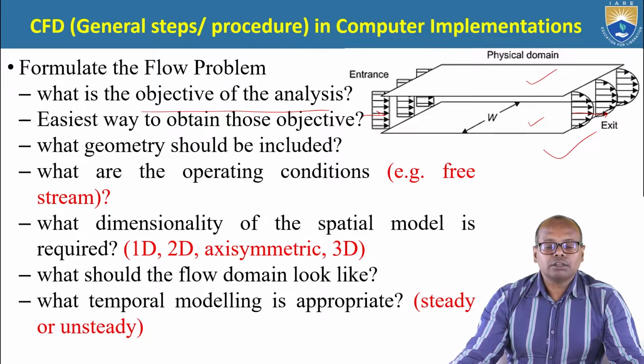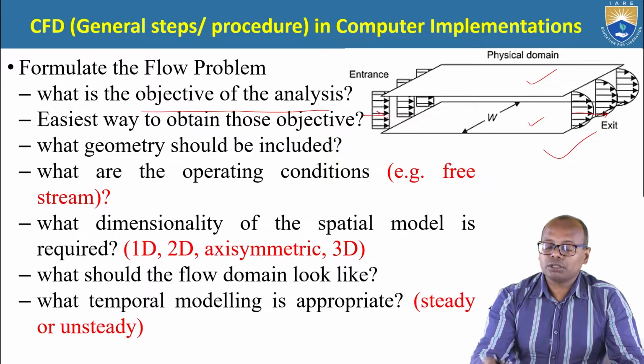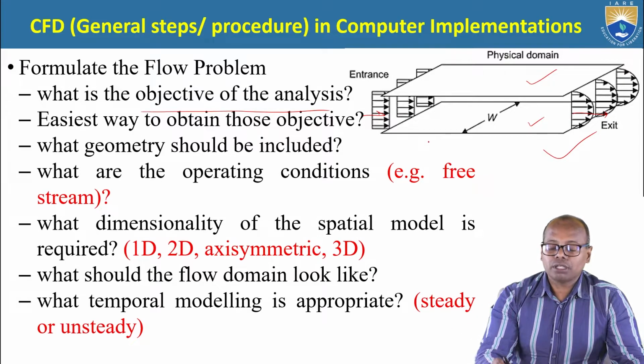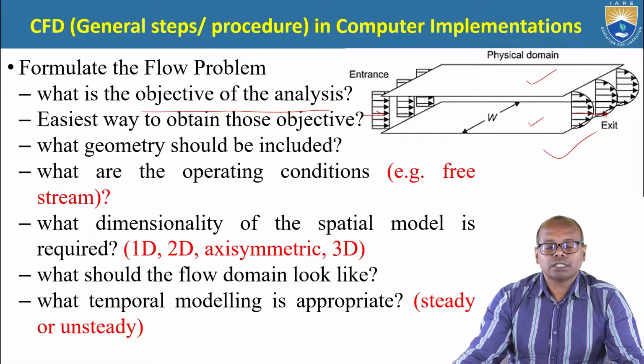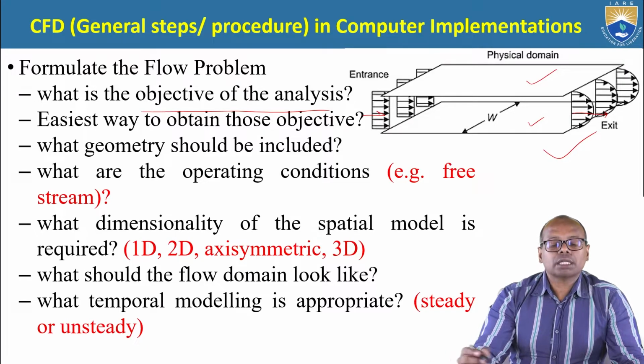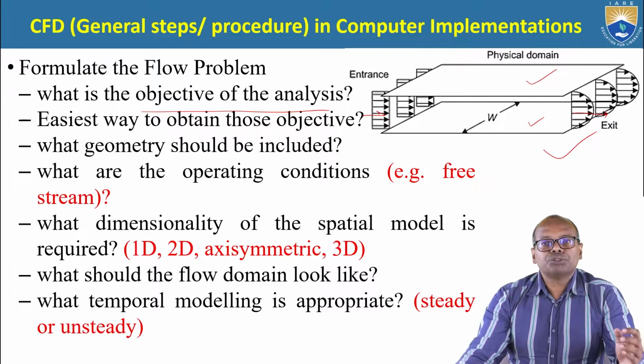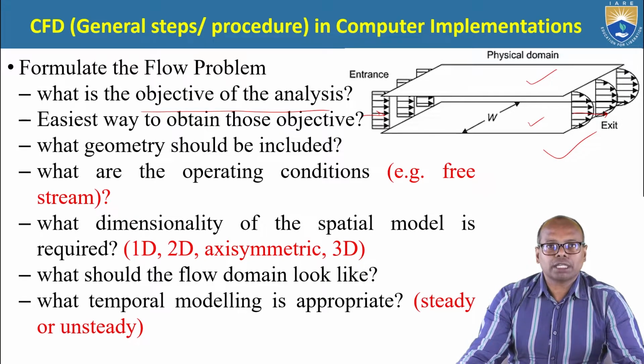That is the first thing we have to look into. Whether we are interested in the friction between the fluid and the plate, or in the velocity profiles inside the flow, or any other criteria. What is the objective of the analysis?